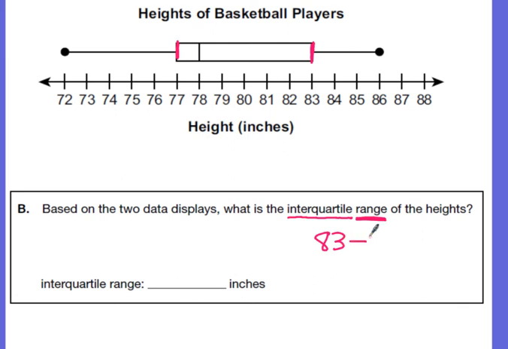So 83 minus 77, that's going to be 14, right? No. That's going to be 6. What was I thinking? 83 minus 77 is 6, right? Yeah. That better be right. So that's the interquartile range. And we'll do part C and part D in another video.